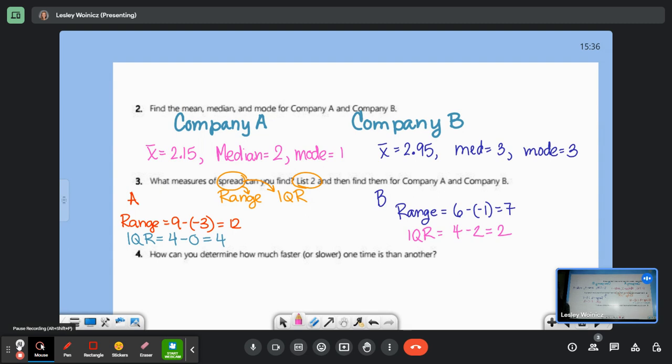How can you determine, hey, this is like big ideas time. How can you determine how much faster or slower one time is compared to another? If you wanted to compare individual values to a number, what would you guys do?